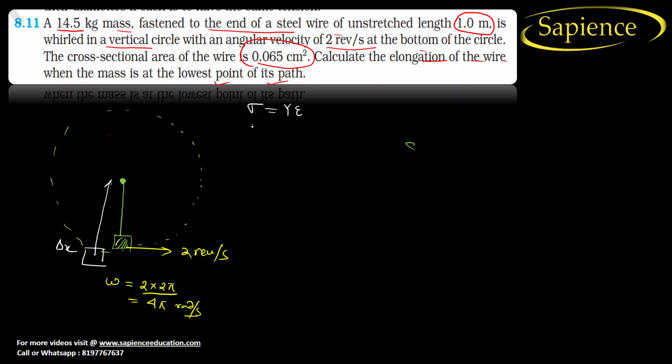Now the stress is equal to Y into change in length by original length. So change in length is our main focus. Change in length is equal to sigma into L by Y. Sigma is equal to force by area, so change in length is force by area into L by Y.